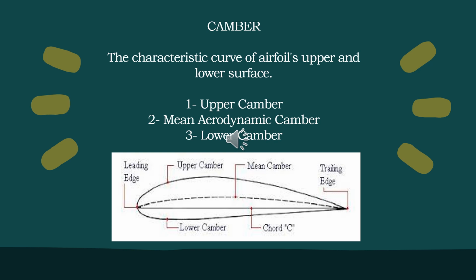That is an imaginary line, represented in the picture by the dotted line, which lies halfway between the upper surface and lower surface of the airfoil. We can also see in this picture that it intersects the chord line at the leading and trailing edges, but between the leading and trailing edge the camber line can curve above or below the chord line.